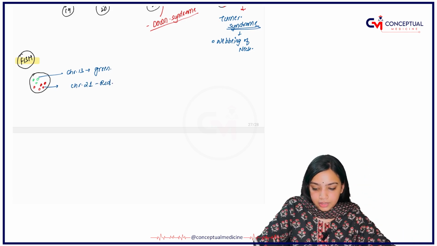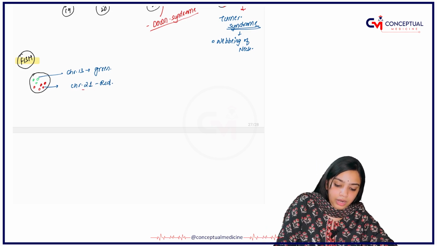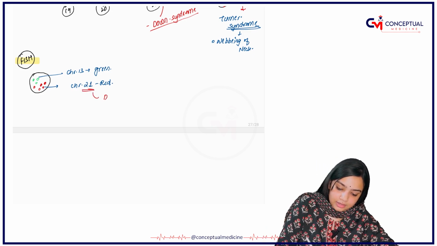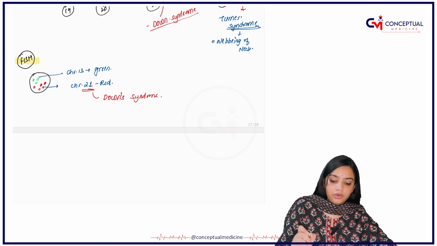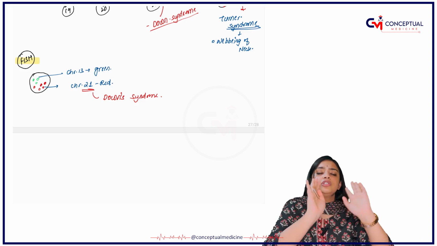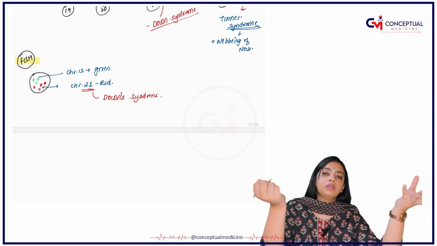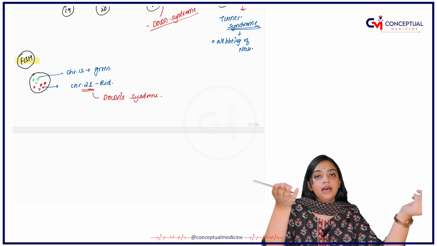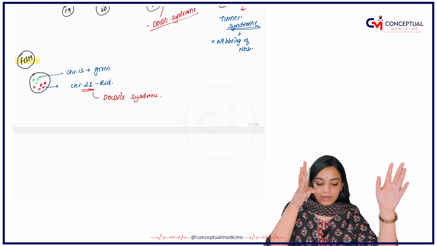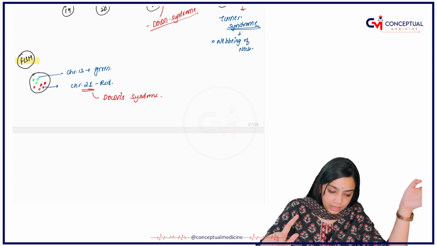So the red colors of chromosome 21 are more, and we all know that 21 means Down syndrome. FISH is not that important from your university exam point of view, but it can be asked in the MCQs in your university exams.